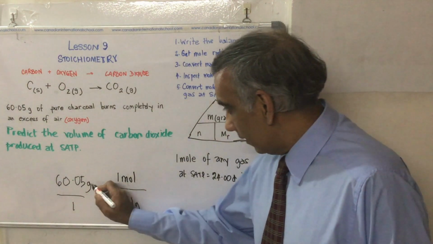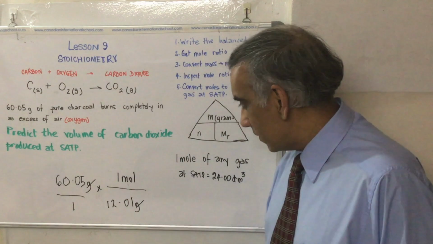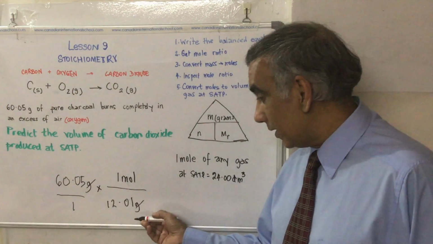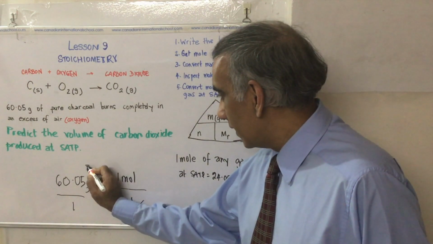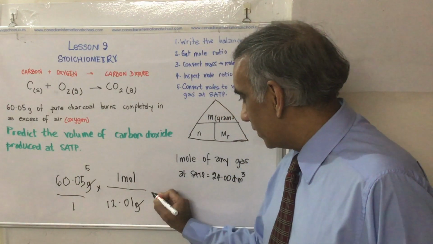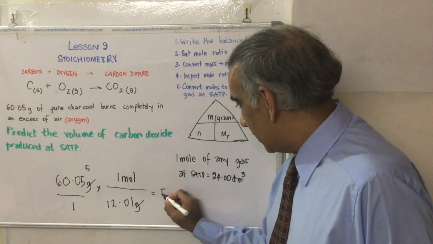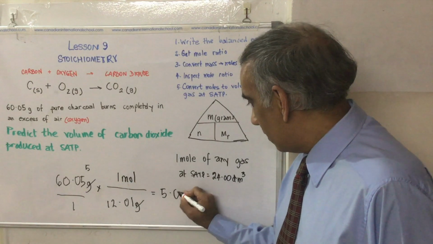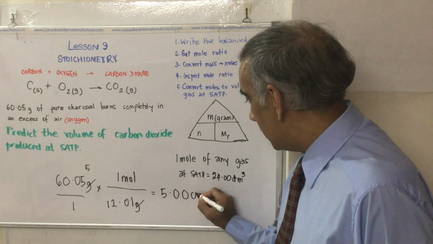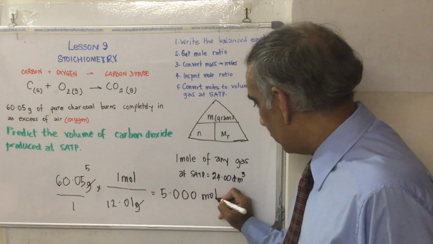And then grams cancels with grams. 60.05 divided by 12.01, that comes to 5, multiplied by 1, you get 5.000 moles.